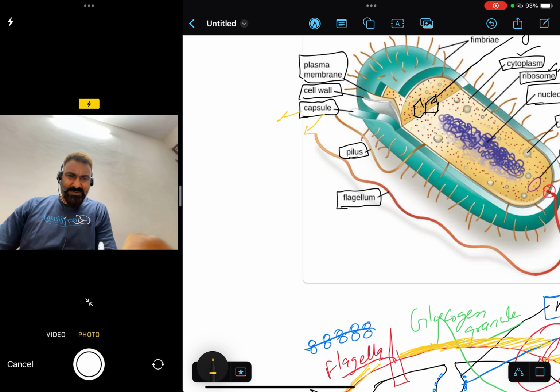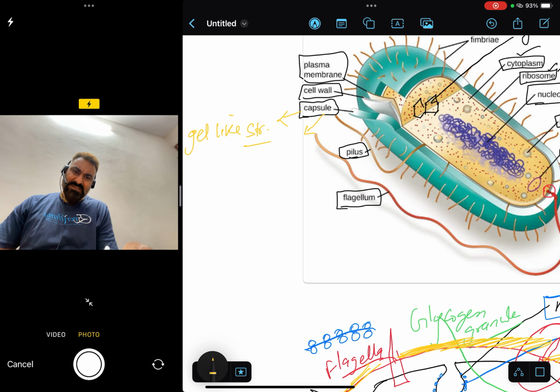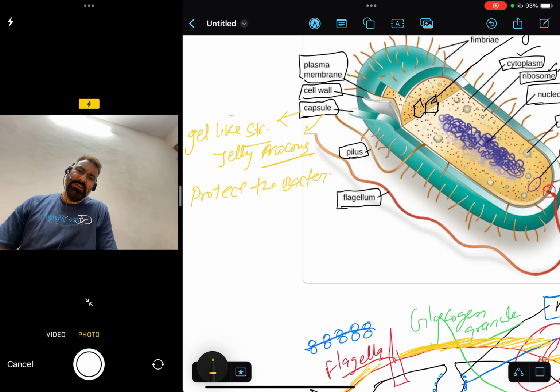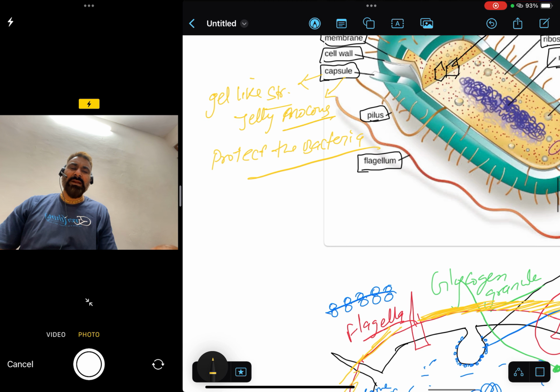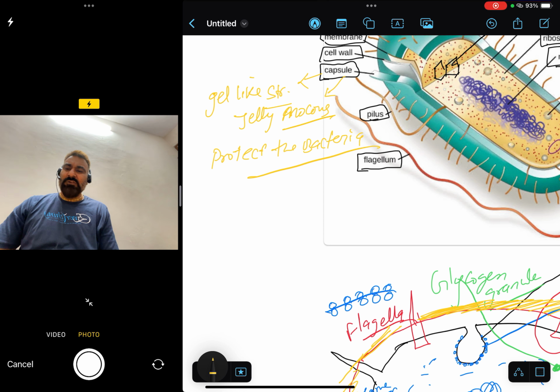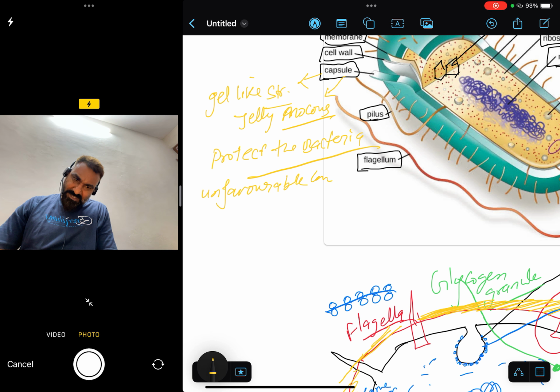This capsule is made up of a gel-like structure or jelly, like a mucous membrane, and it protects the bacteria. Capsule formation is not a character of all bacteria. Only some bacteria produce a capsule around themselves to protect themselves from unfavorable conditions or desiccation.